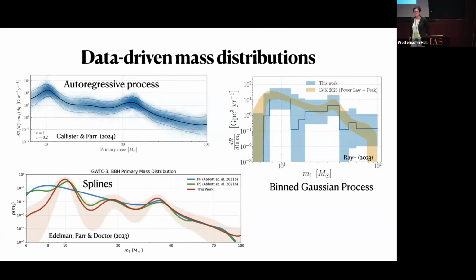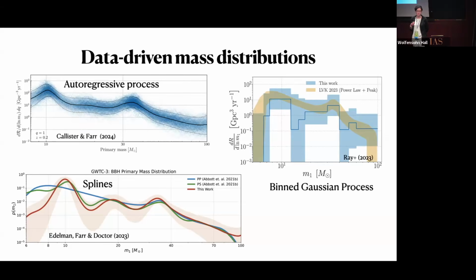Yes. Primary mass, is there any reason why you're not looking at the best measured parameter, something like the chirp mass, but the primary mass? Yeah, that's a good question. There are papers that do this in chirp mass instead. I think primary mass is just more physical. So if you are comparing to theoretical predictions, it's more natural to do it in primary mass.